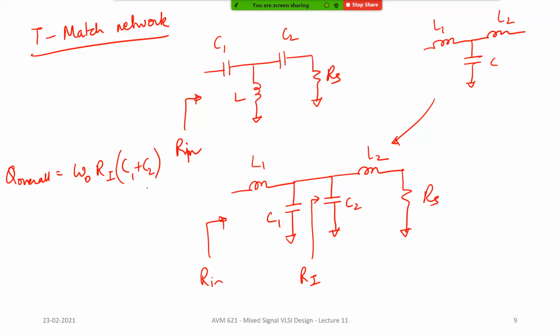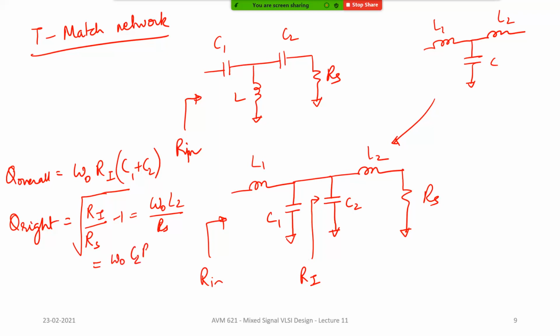Now Q right can be written as the resistor in series with the inductor. Okay, so it becomes the square root of Ri divided by Rs minus 1, which is also equal to omega naught L2 divided by Rs, which is also equal to omega naught C2 into Ri.